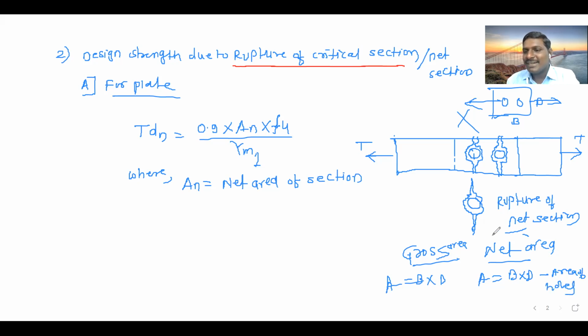So that is the net area, and the gross area is directly B into D. If we subtract the area of the holes, it is nothing but the net area. So here we have to use net area. This AN is the area of plate minus area of holes. Are you getting?